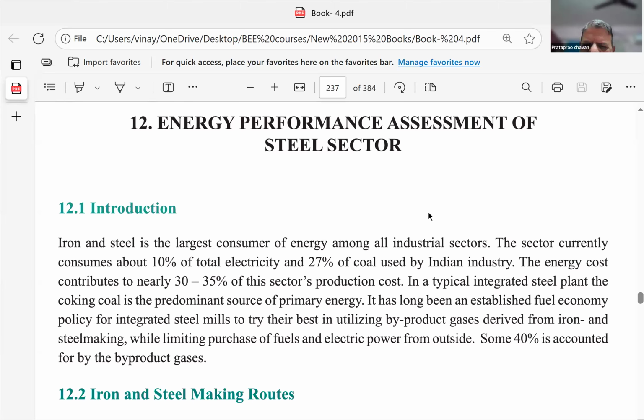The basic function is the generation of heat, distribution of the heat, and calculating performance level means what? How much positive output we are getting by putting in some input.